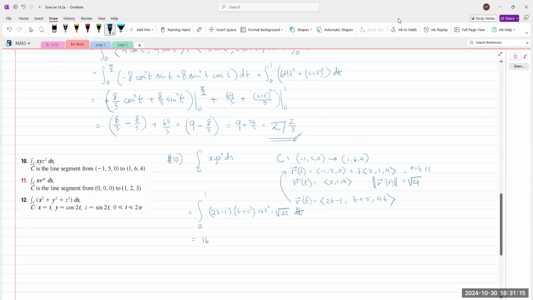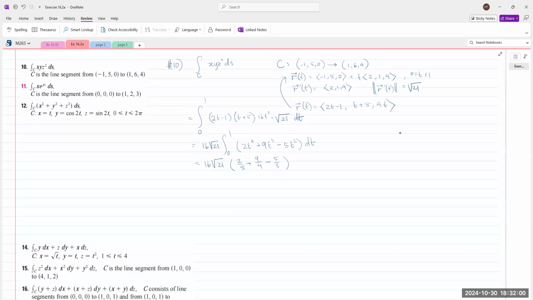That will be 16 square root of 21, integral from 0 to 1. That's 2t to the fourth, 10 minus 1, 9. It's plus 9t cubed, yeah, minus 5t squared dt. So 16 square root of 21 times 2/5 plus 9/4 minus 5/3. Dang, how to do that? The LCD is 60, huh?